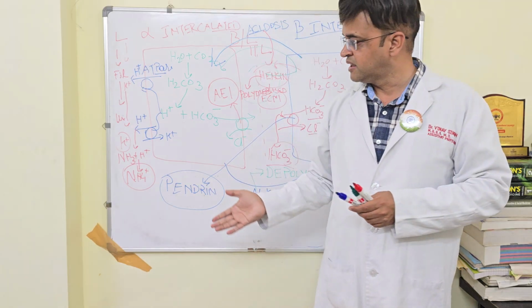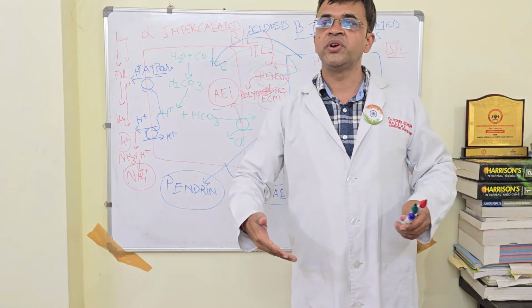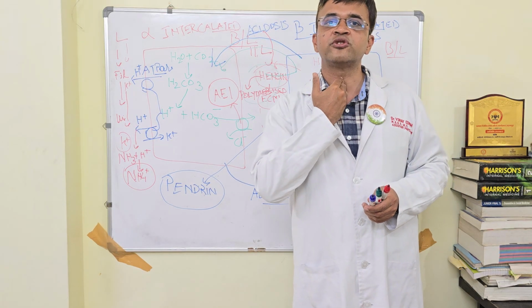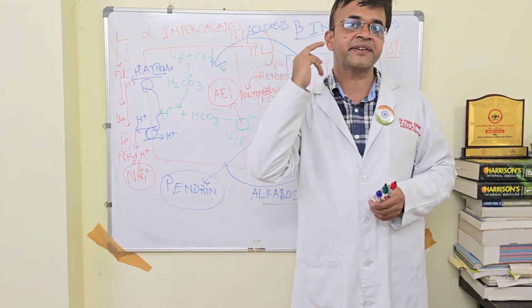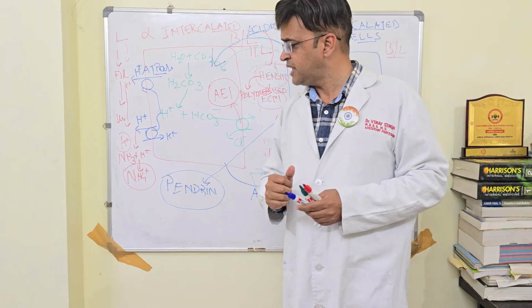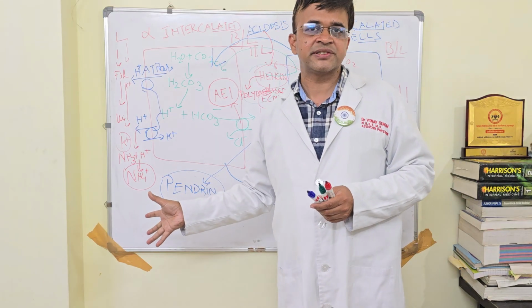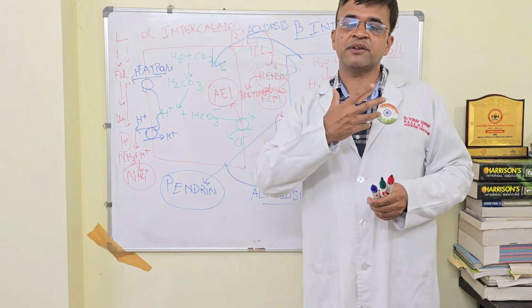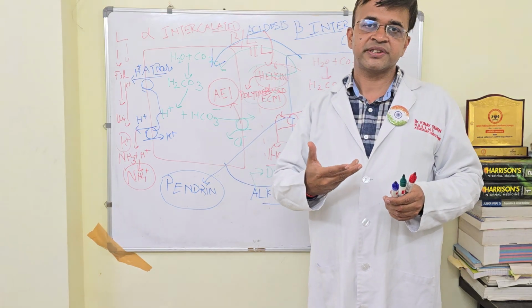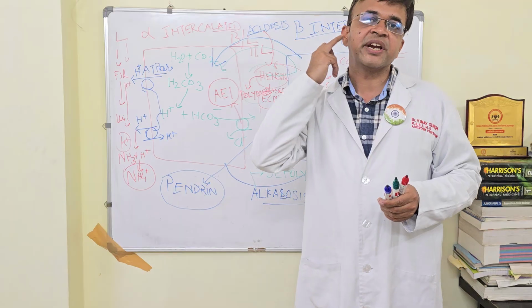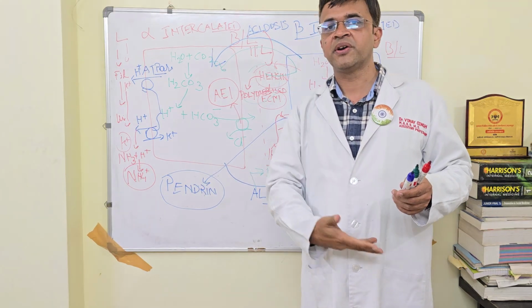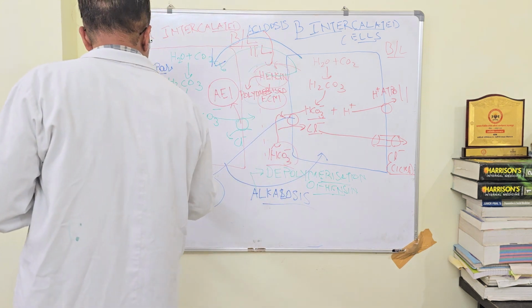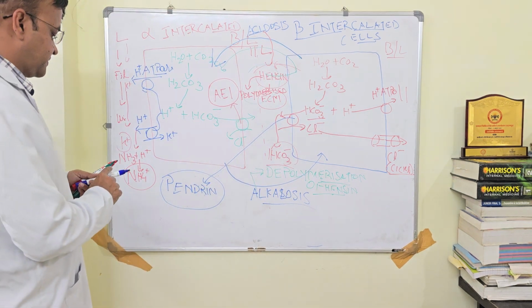Because this ion channel, apart from being found in kidneys, is also found in our thyroid gland and in our inner ear. So if anything happens to this, you will have some anomaly in three organs: your thyroid gland, your inner ear, and your kidneys. So what will happen if pendrin becomes defective?